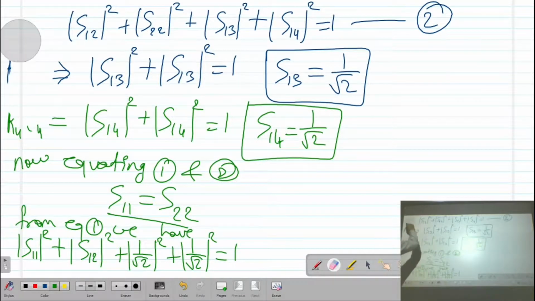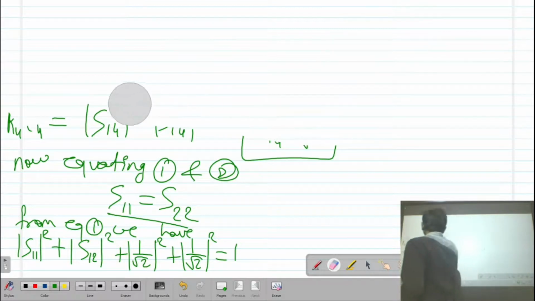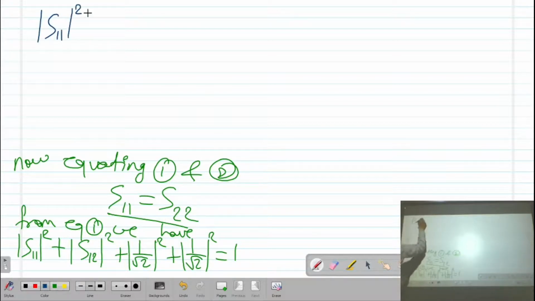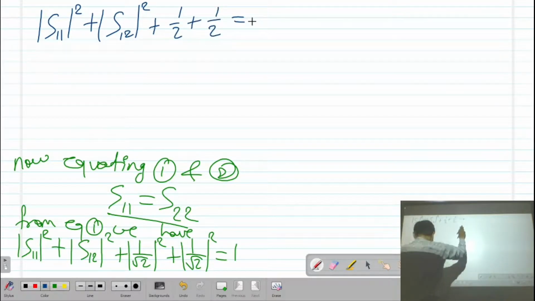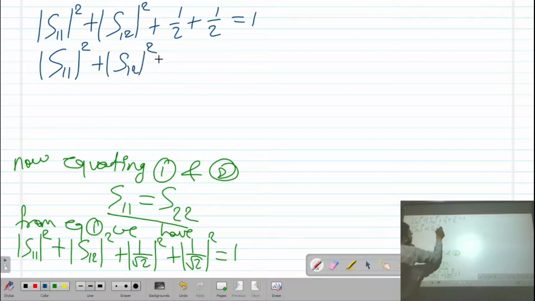Now this will become S11 whole square plus S12 whole square plus 1 by 2 plus 1 by 2 is equal to 1, and S11 whole square plus S12 whole square is equal to 1 minus 1, which is 0.